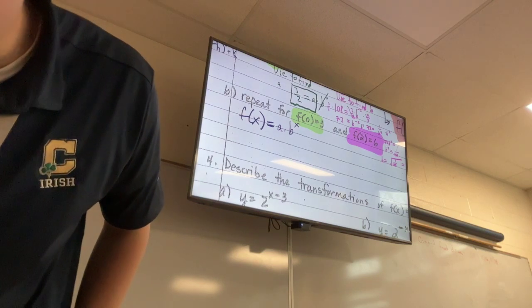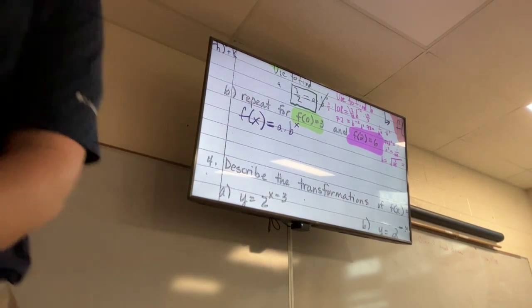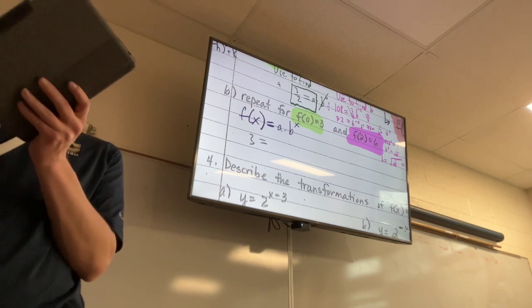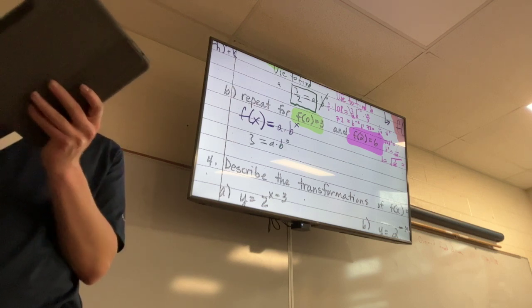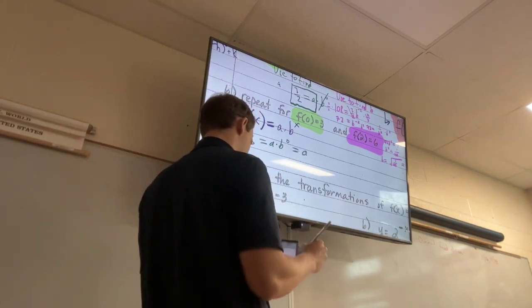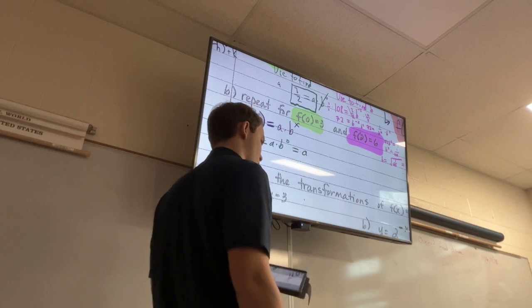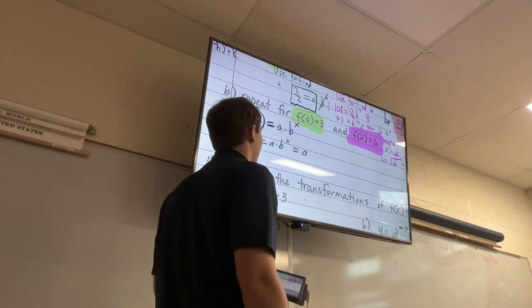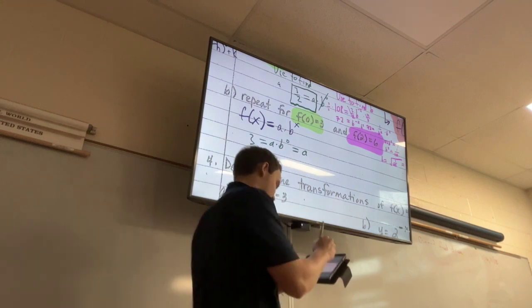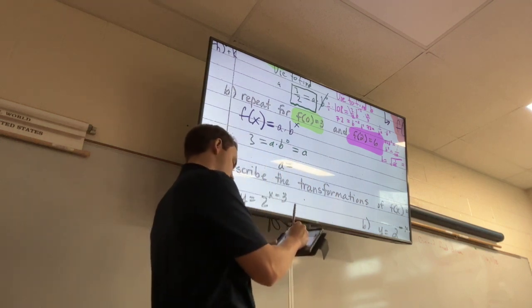So what do I plug in for f of x, Jack? 3. And what do I plug in for x? 0. If f of 0 is whatever, is it just going to equal whatever's on the right side of the equal sign? Yeah. So a is equal to 3.